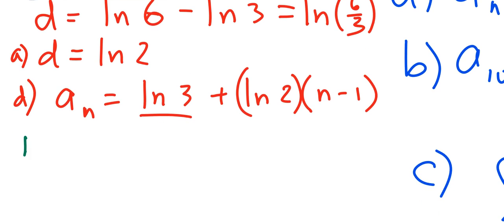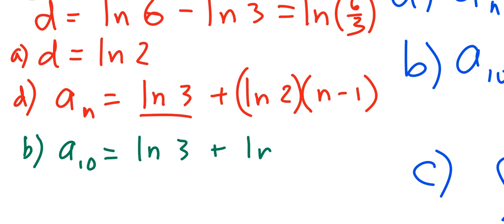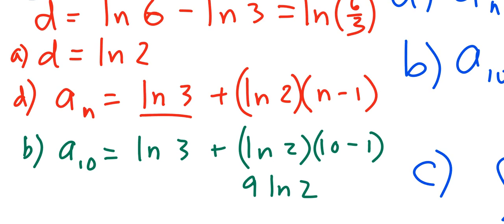If part B was the 10th term, then yes, I'm going to plug in 10, right? 10 minus 1, so 9 times the natural log of 2. What if we did 9 times the natural log of 2 plus the natural log of 3?